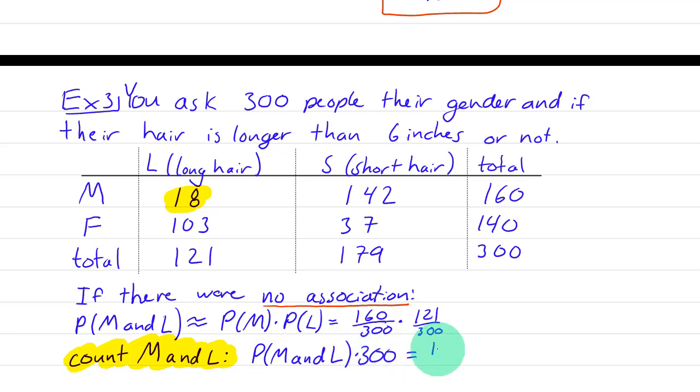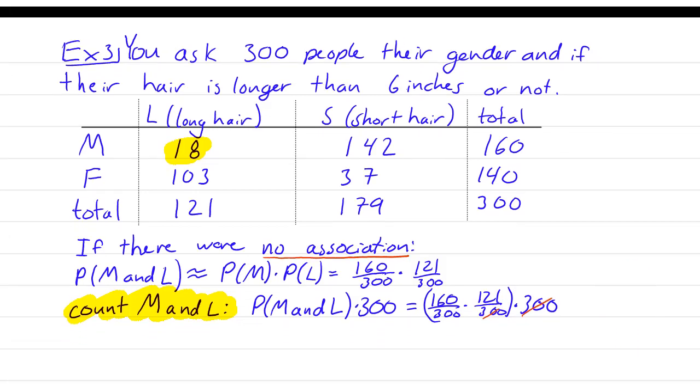So that would be 160 divided by 300 times 121 divided by 300. That is all getting multiplied by the total number that you have there. And you can see that the 300s would cancel out, and you end up with 160 times 121 divided by 300, which is the formula that they show you in the 7.2 interactive lecture video.